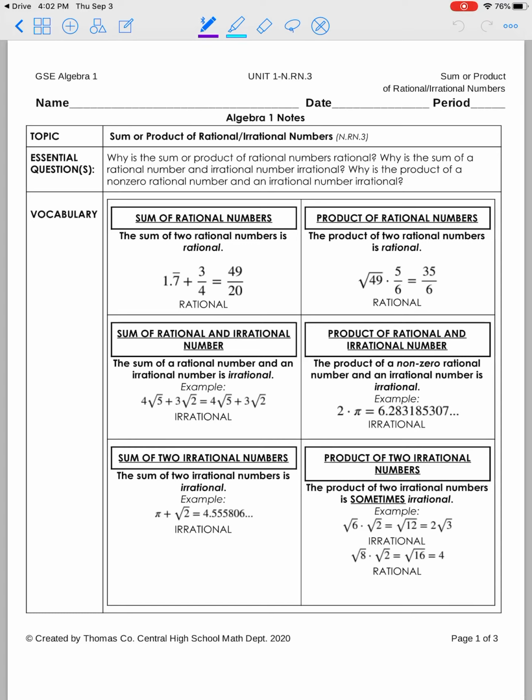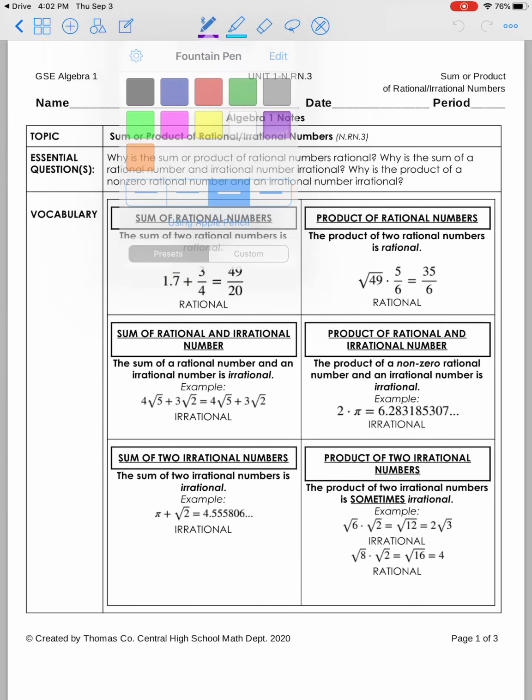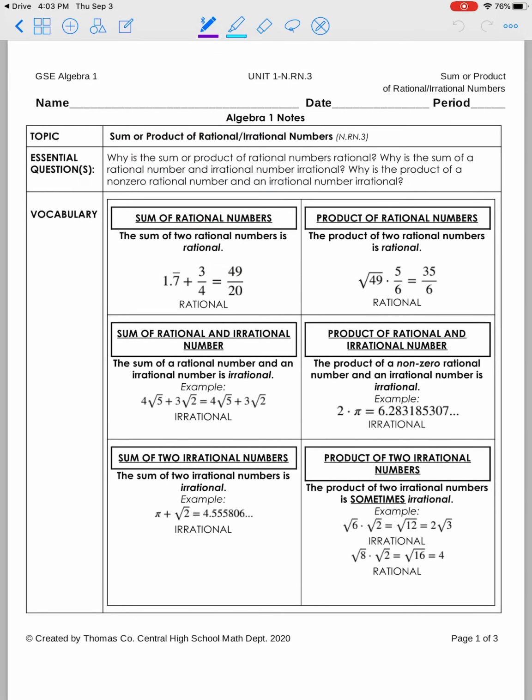So before we get started to look at the sum and the products of rational and irrational numbers, I want to mention one little thing, and you might want to make a note of it. A perfect square root number is rational.